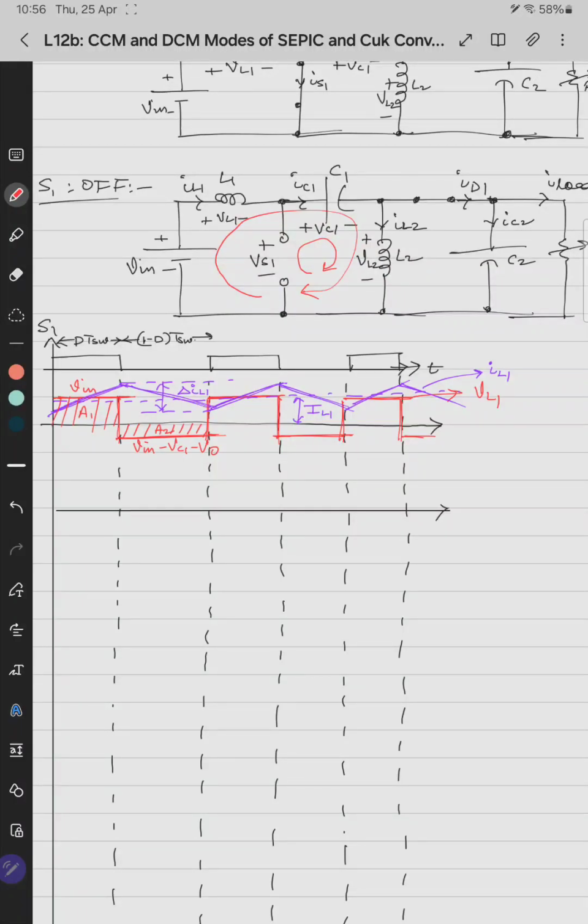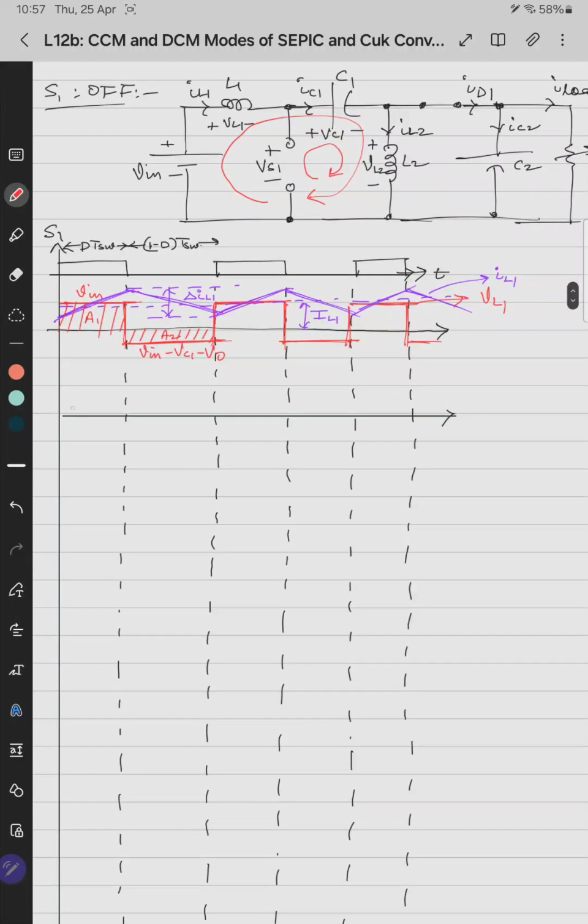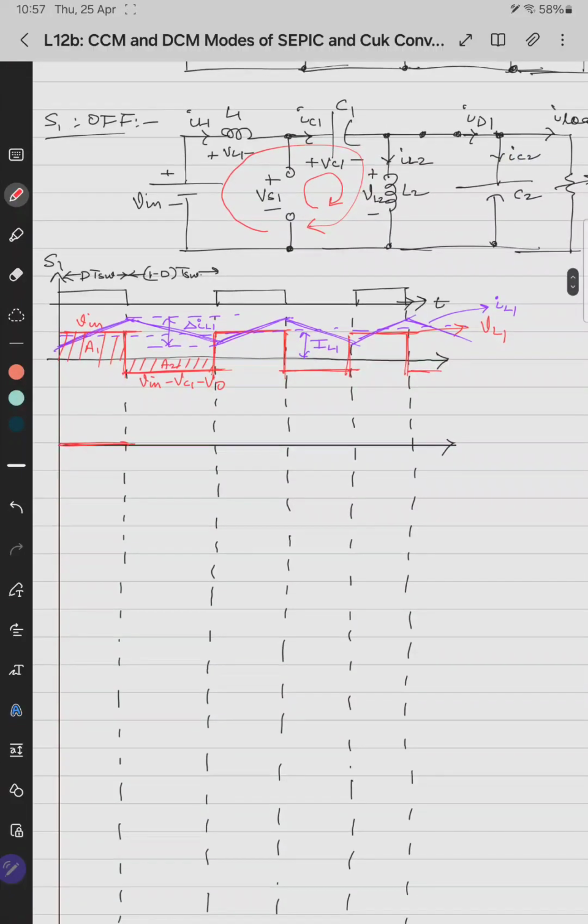Or Vin equals VL1 plus VS1. Both things we can write: either VS1 is Vin minus VL1, or it is VC1 plus V0. So first it is 0, and then it is this value.